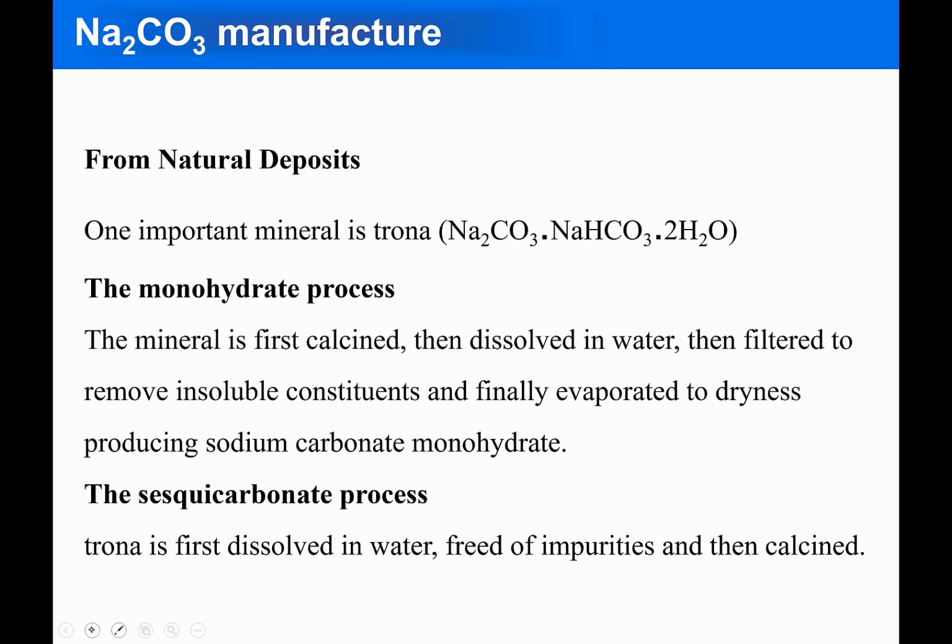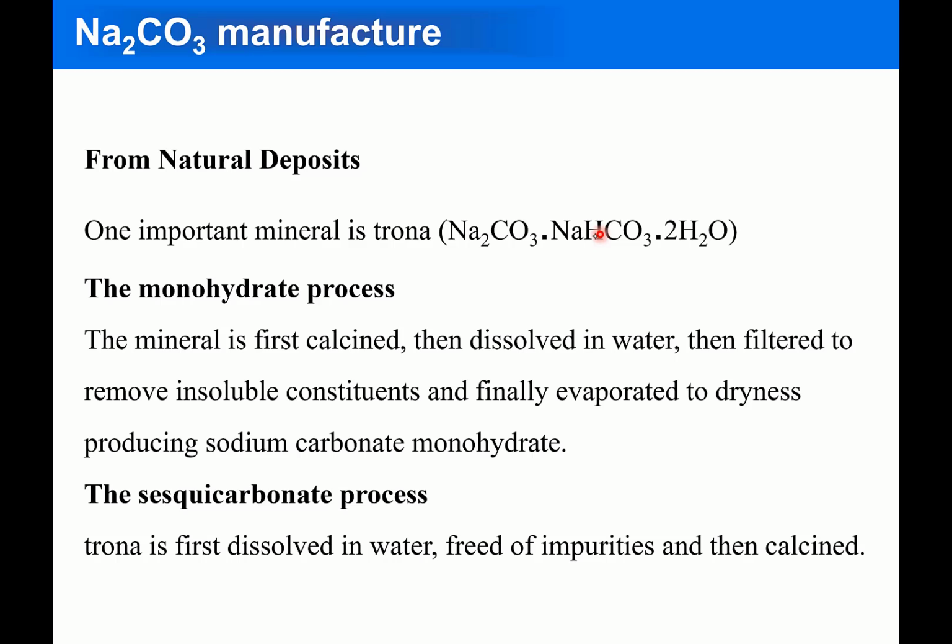The second sodium salt of industrial importance is sodium carbonate, and that can be produced typically from natural deposits. And the most important mineral containing sodium carbonate is this mineral right here, which is a co-crystal of sodium carbonate and sodium bicarbonate. The production goes through two different processes.